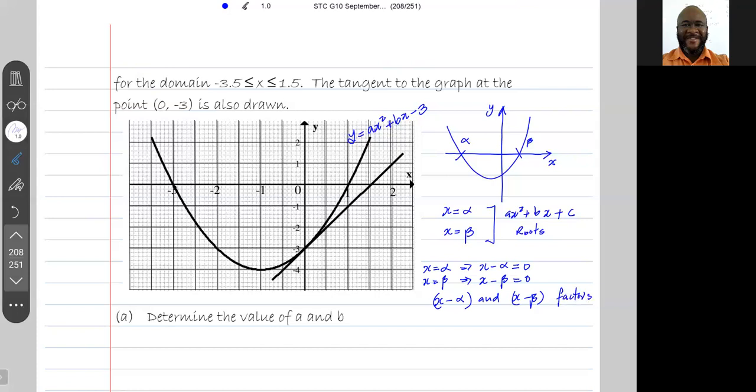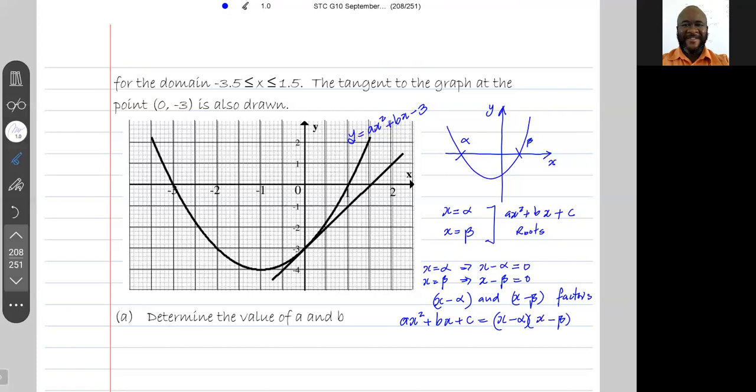And if you multiply the factors, you will get the quadratic expression. So what that means is that ax squared plus bx plus c would be equal to x minus alpha multiplied by x minus beta.